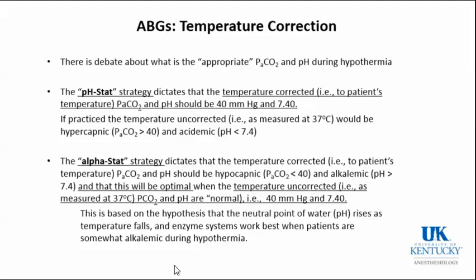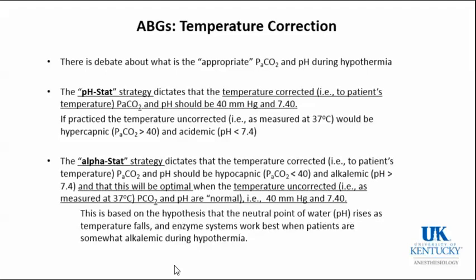There are basically two hypotheses or two strategies. One is called the pH stat, and this dictates that the temperature-corrected gases when someone is cold should be a PCO2 of 40 and a pH of 7.4 at their temperature.